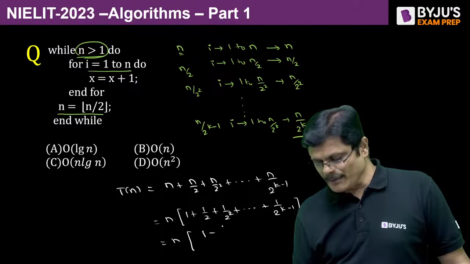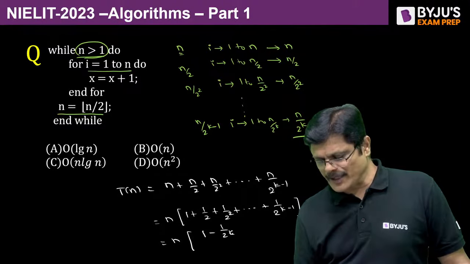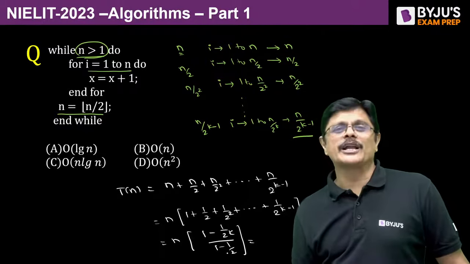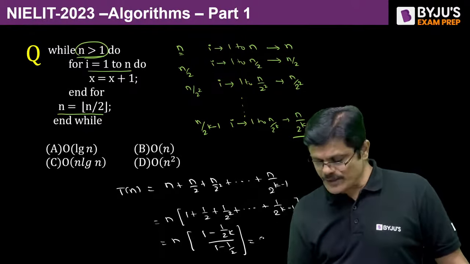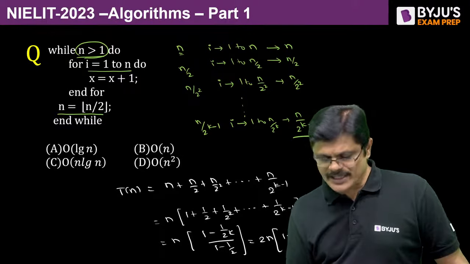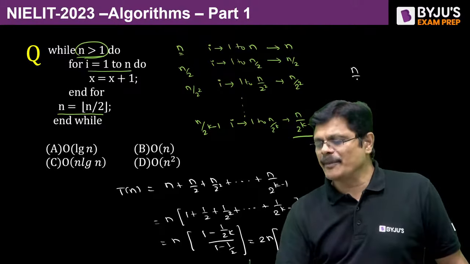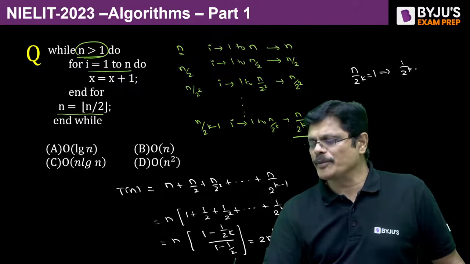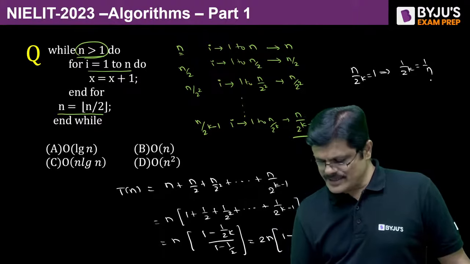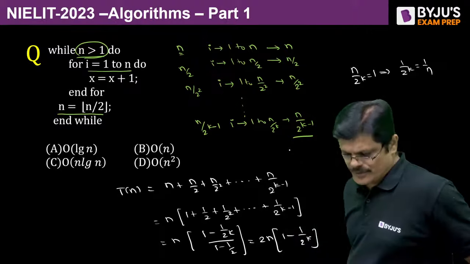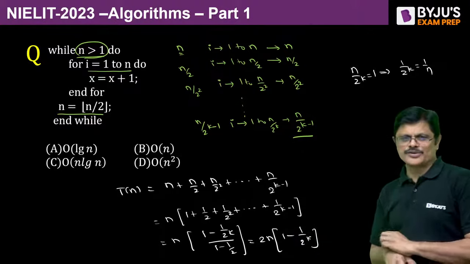So we can write 1 minus 1 by 2 power k by 1 minus 1 by 2. The denominator becomes 1 by 2, 2 will go up, so it is 2n into 1 minus 1 by 2 power k. Here we assumed that n by 2 power k is equal to 1, therefore 1 by 2 power k is 1 by n. Substituting that, I am covering the solution.